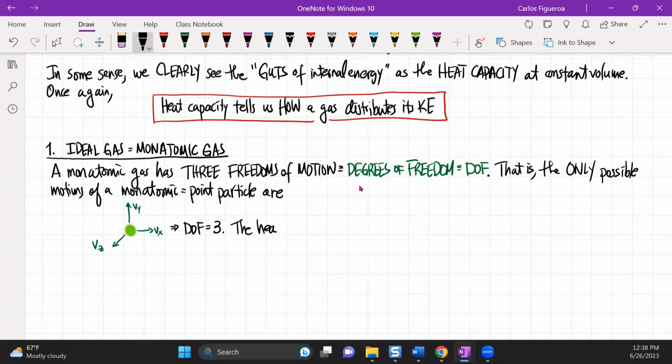The heat capacity exactly tells us this. Look at how we define the heat capacity at constant volume. We said that it was 1/2 plus 1/2 plus 1/2 times R. And so we get this factor of 3 because of the degrees of freedom.